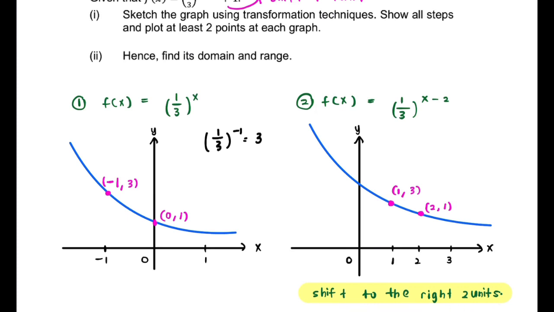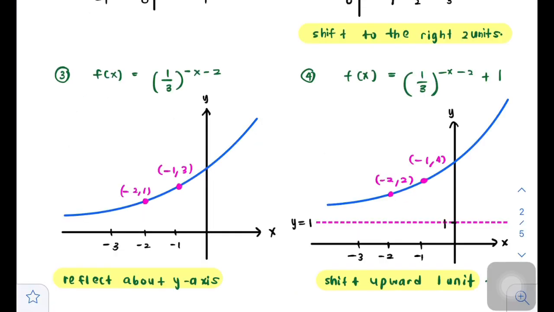Okay, the next graph will be the next step, which is reflect about the y-axis. So just write the equation first: 1 over 3 power of negative x minus 2. Okay, so what happened to these 2 points when you reflect about the y-axis? They move to the other side.